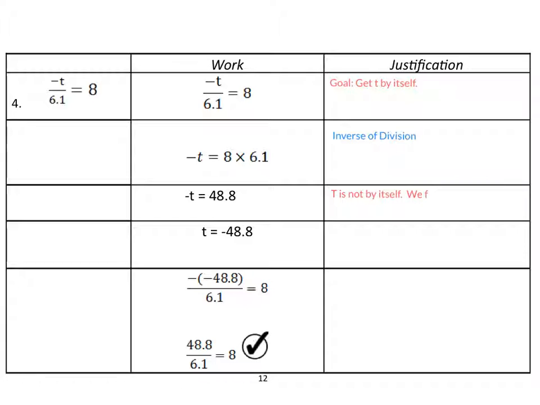We found the opposite. So that means that if negative t is 48, that means positive t is going to be negative 48.